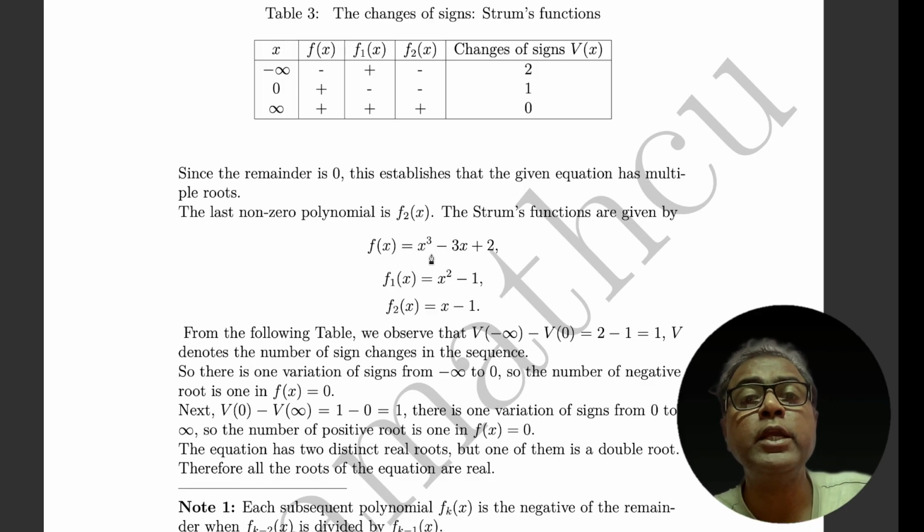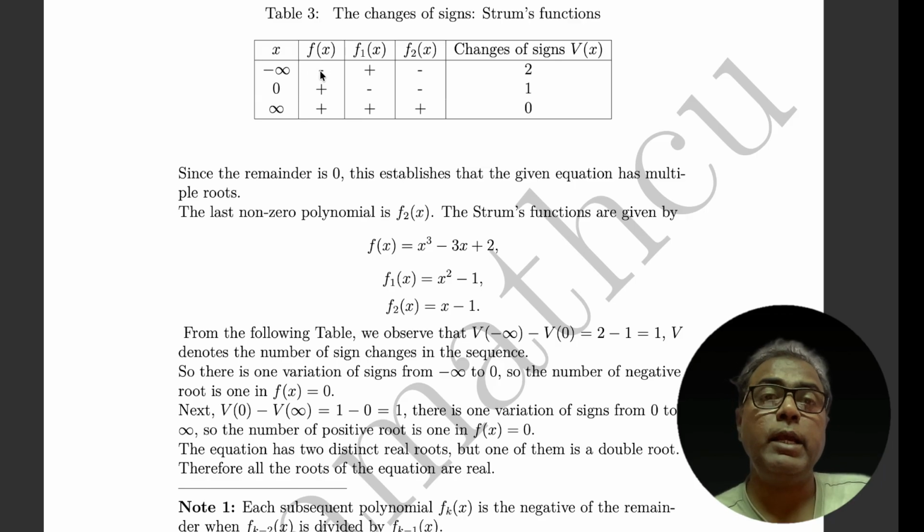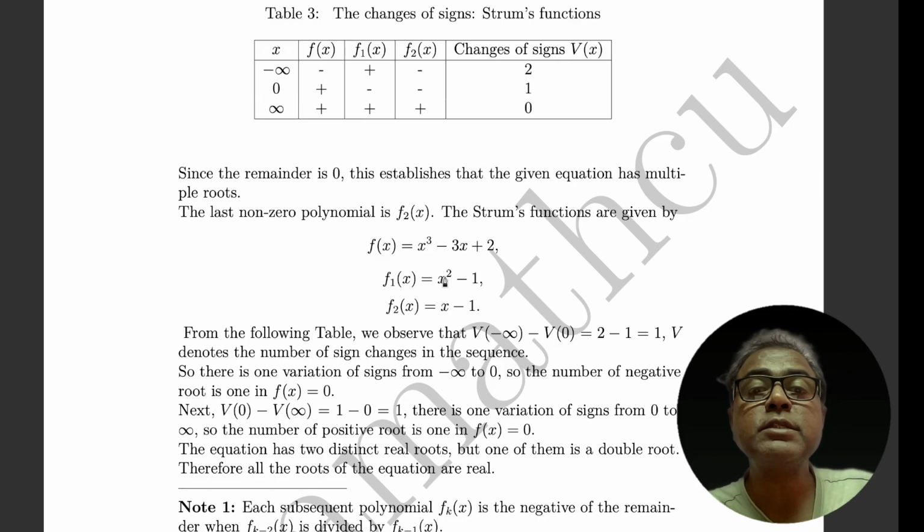Minus 100 cubed is a negative value, so f(x) is negative, as the dominant term is negative. For f1(x), which is x square, minus 100 squared is a positive value, so the dominant term is positive. For f2(x), at minus infinity, it is obviously minus 100, a negative value.